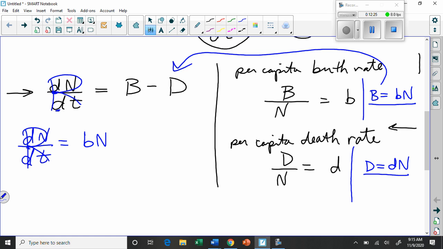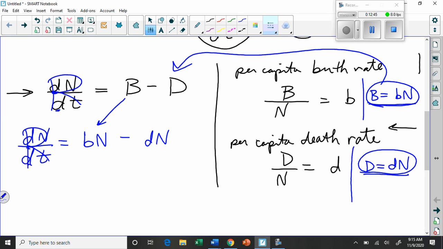So where were we? The big B turns into the little b times n because of this equation. They are the same thing. And the same thing happens with the big D. Big D is the equivalent of little d times n. So we've substituted those two things into the equation.